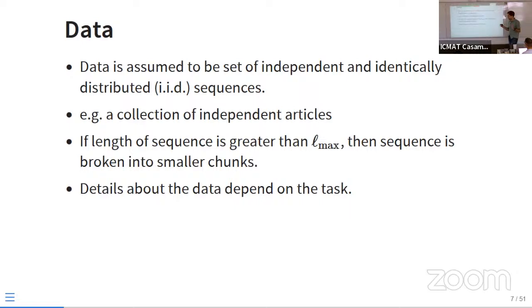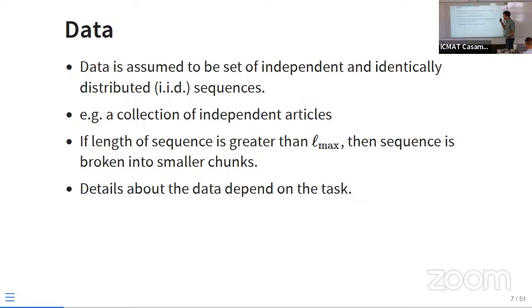So we are guaranteed that every sequence has at most this length. Yeah, that's a problem, but it's always assumed to be independent.